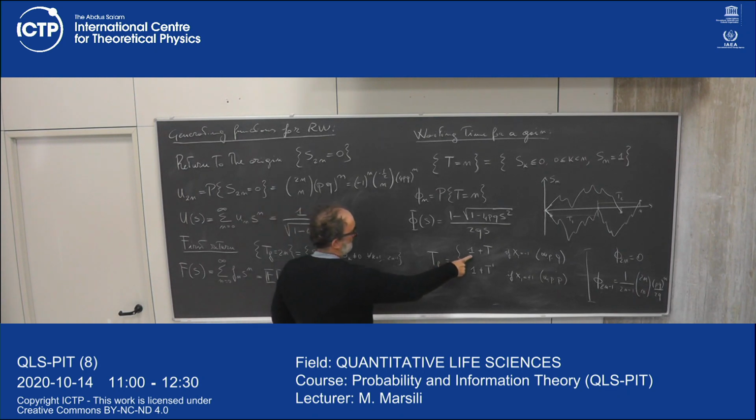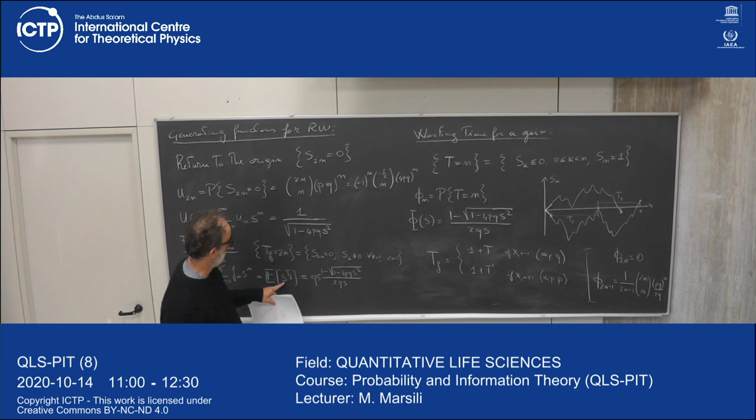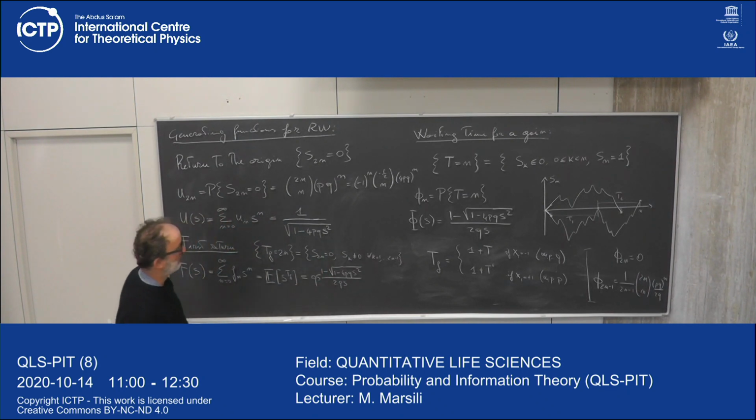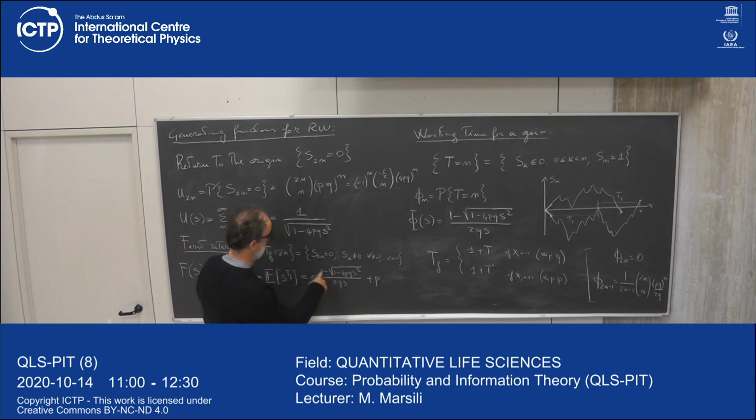And because of this 1, there is also an s, because the expected value of s to the 1 plus T is s times the expected value of s to the T. And then with probability p, I have exactly the same thing, but with p replaced by q.